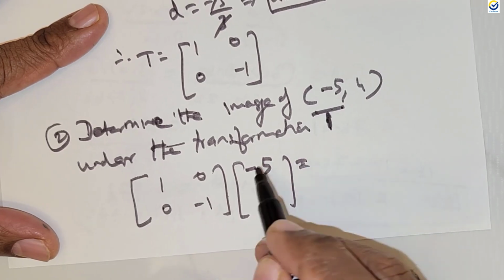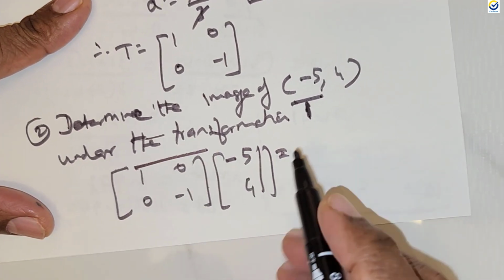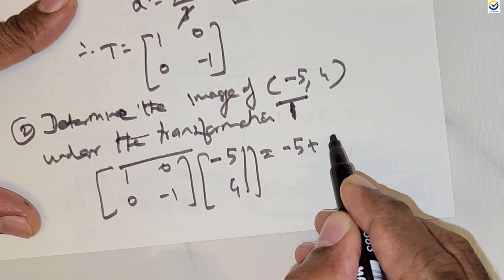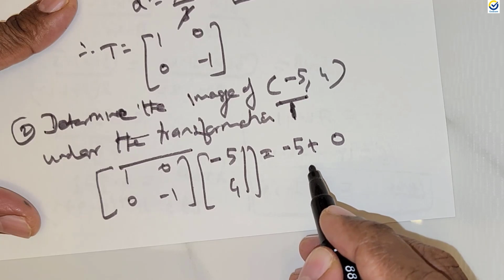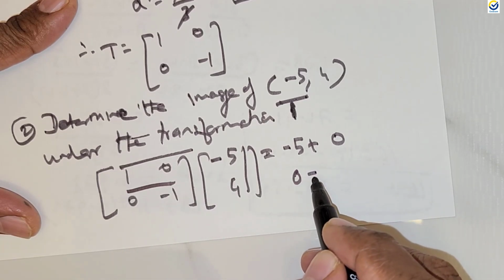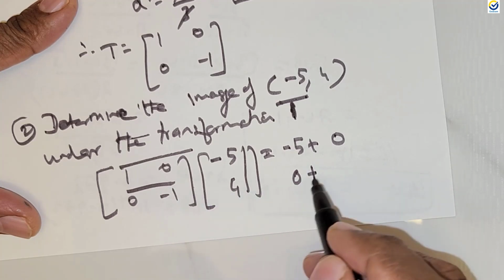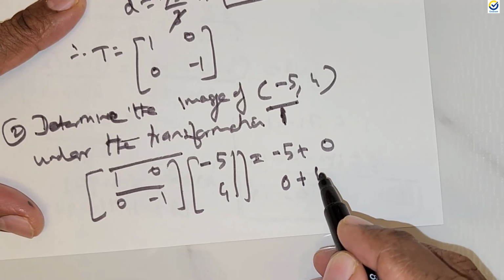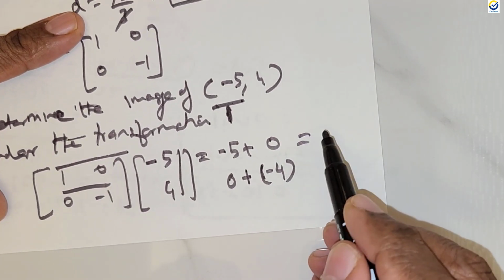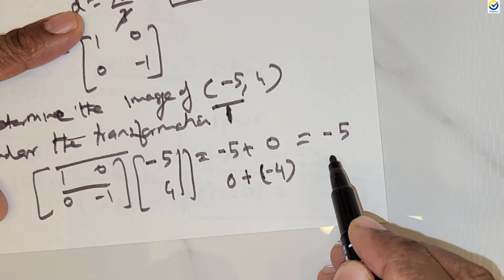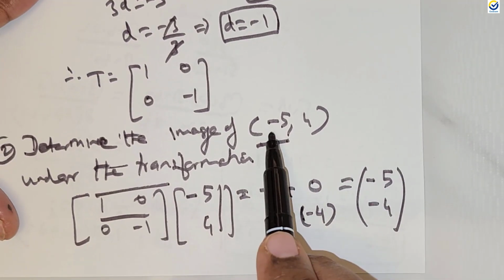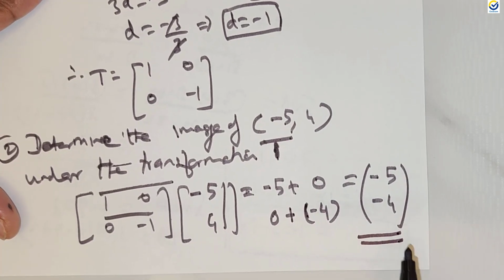We are asked to get the image. So row multiplied with a column: -5 times 1 plus 0, followed by row into column, 0 plus 4 times -1, which is going to be -4. So this is going to give you (-5, -4). This is the image of (-5, 4).